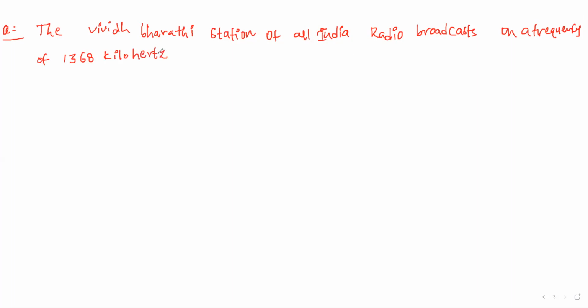This is the unit of frequency, hertz, kilohertz. Then calculate the wavelength of electromagnetic waves emitted by the transmitter.